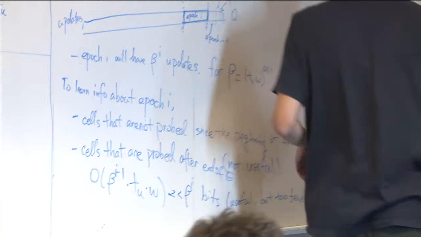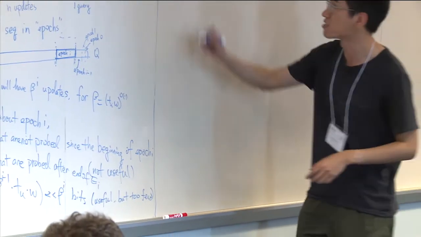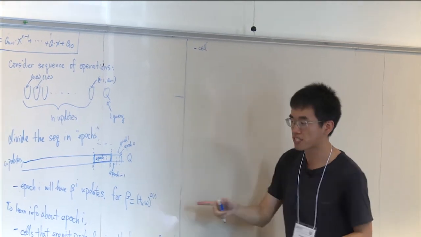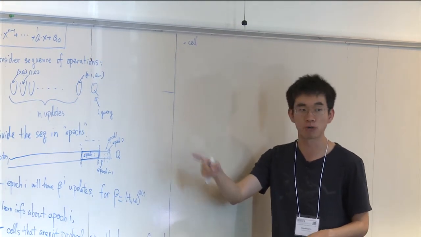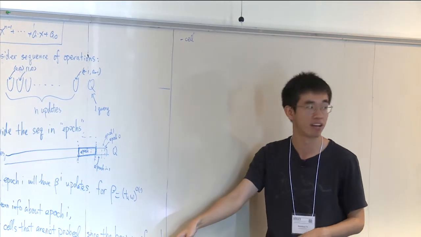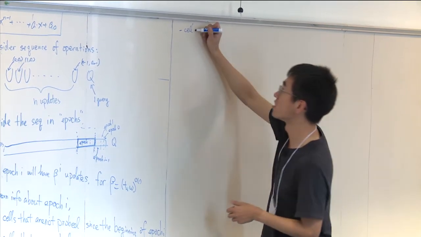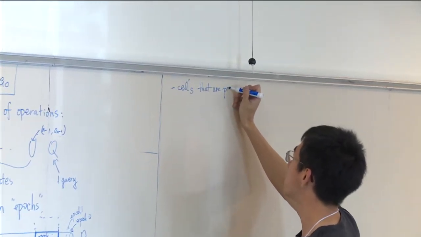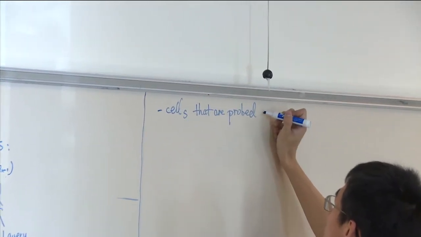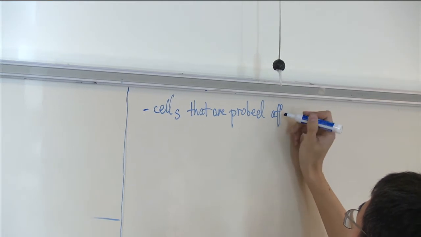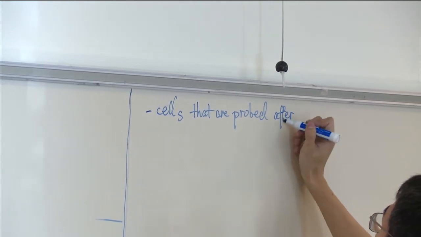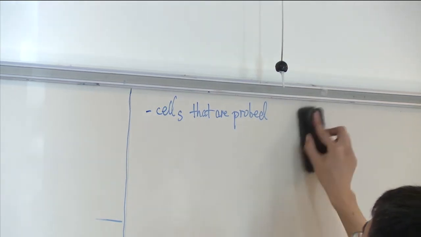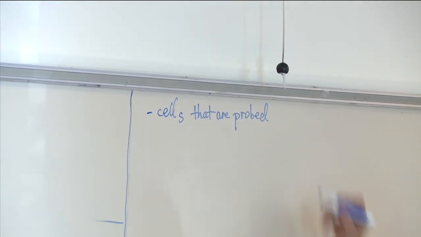So this means we have to rely on the rest of the cells, which are the cells that are probed after the beginning of epoch i, but not probed since the beginning of the next epoch. Equivalently, this is the set of cells whose last probe was in epoch i.